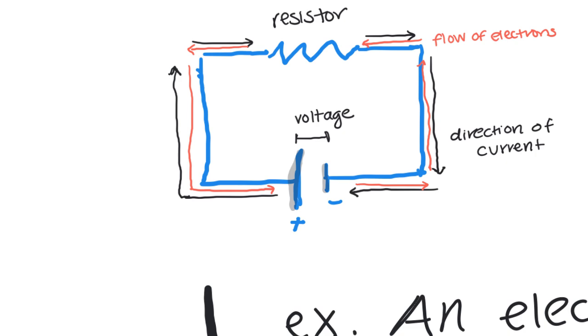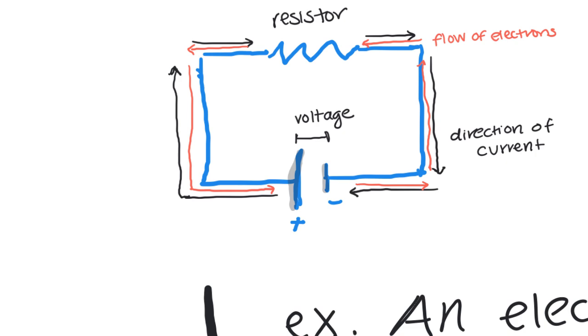I will put that there. So that's our battery. Again, we have a wire, which we talked about in the last video. It's a great conductor. Metal wires are great conductors for carrying charge. And remember, current is the measure of how fast that charge is moving.